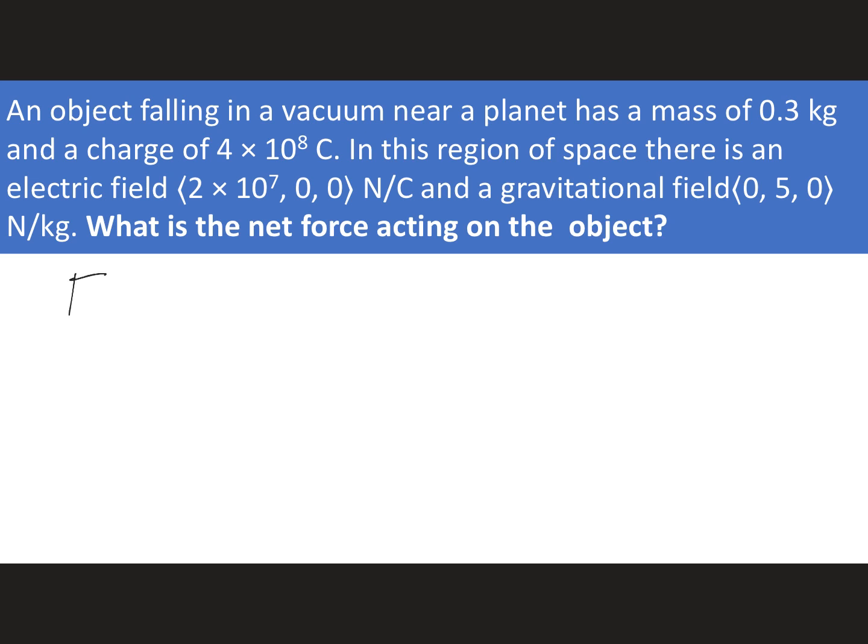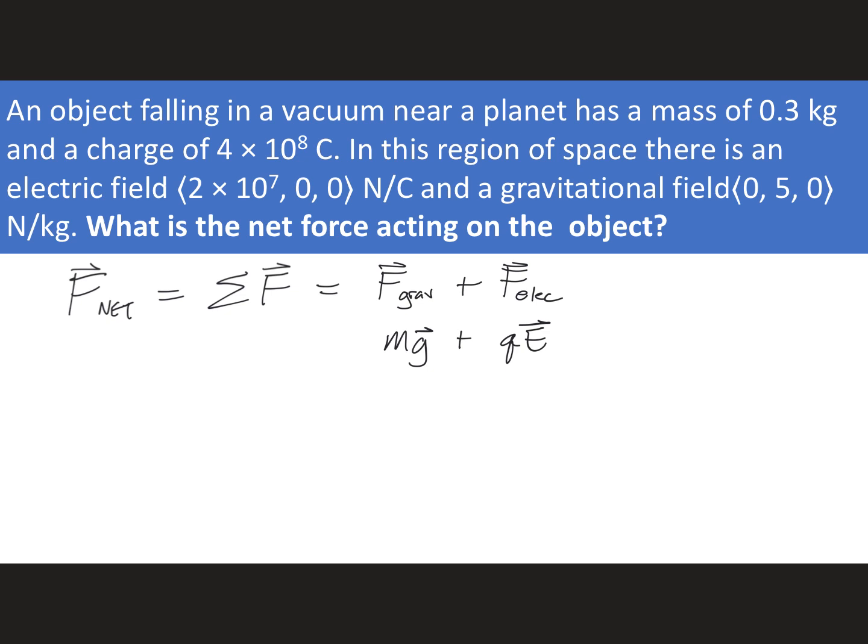Well, net force is always the sum of all the forces. And since you have only two forces, you have a gravitational force and you have an electric force. That's all that's here. All right, so that means you have mg plus qE. That's all that's going on.